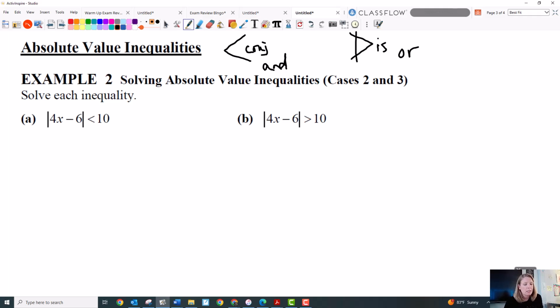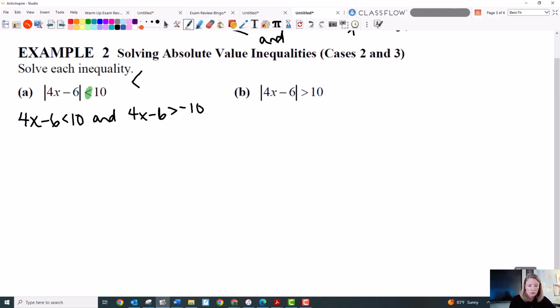So let's look at it and see. This inequality sign, to me, looks like a C. That says conjunction, so that's and. So 4x minus 6 is less than 10, and 4x minus 6 is greater than negative 10. So this special type, you can actually write like this. If it's and, you just say less than 10, greater than negative 10. So this guy just flips around and comes on the other side.